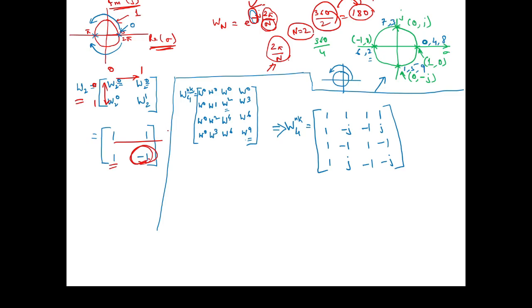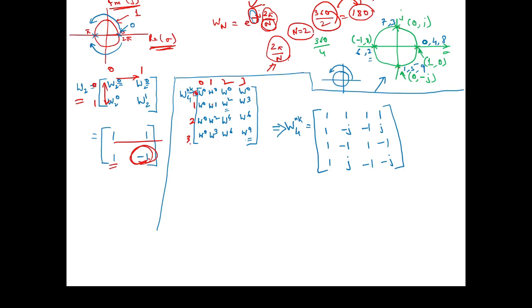Now coming to W_N with N equals 4, again 0, 1, 2, 3, and 0, 1, 2, 3. Similarly, we will be dividing the circle into 4 points. So 0, then 360 by 4 is 90 degrees, so 90 degrees comes here, then 90 here, then here, then here.